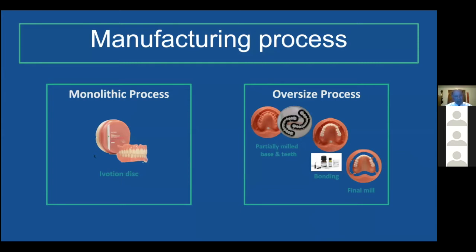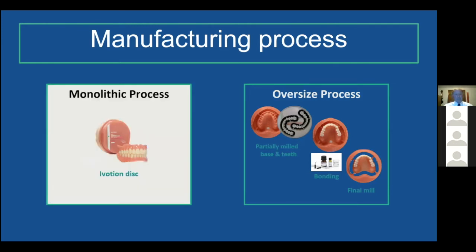Obviously, Micro is very well versed in that particular milling process, and it is very unique, especially with the monolithic process we're going to be talking about. It's the only mill that can do the monolithic process, and it also provides a much more facilitated technique for doing what I call the oversized process. We'll get into a little more detail.